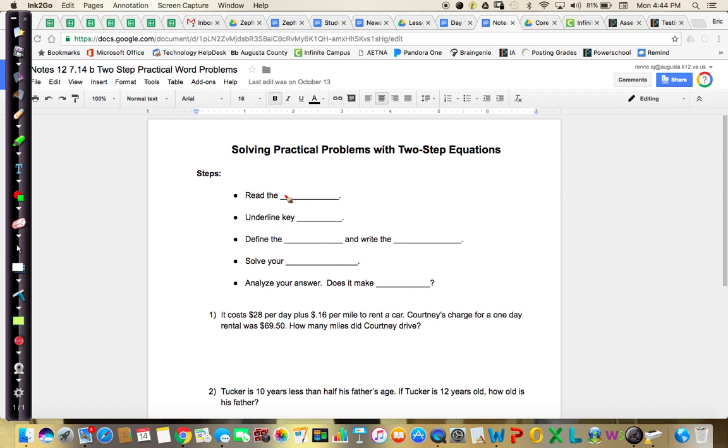So the first step is to read the problem, underline key words, define the variable, and write the equation.